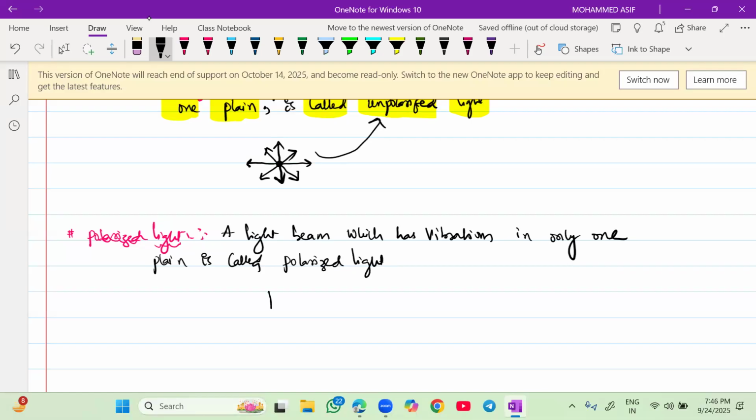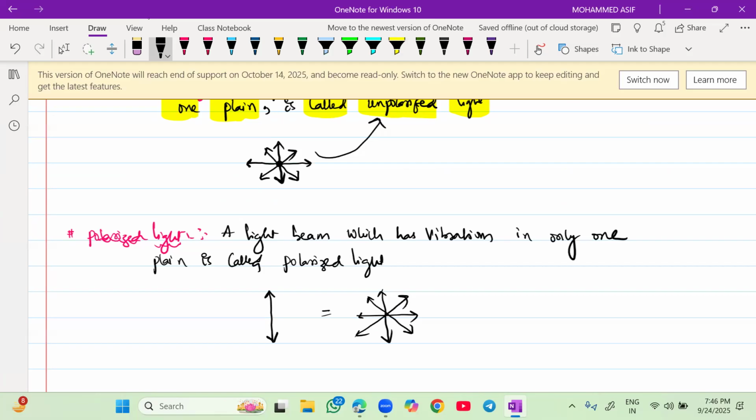That means it is only an arrow mark like this, no dot. I can even draw it like this. It may be like this, any plane like this, or it may be like this. But there is no dot. That is called pure polarized light.